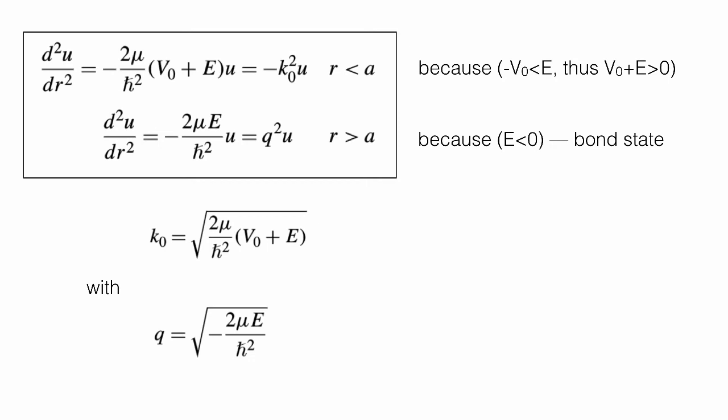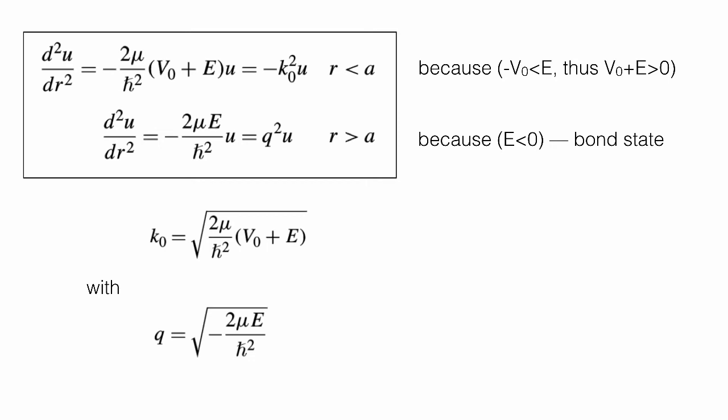So, looking at the first equation in the box there, that number is positive, so we can replace it by K0 square. For K0 being a real number, K0 square will always be positive. So we can certainly replace K0 by the square root of 2 mu over h bar square times V0 plus E, which is strictly positive.